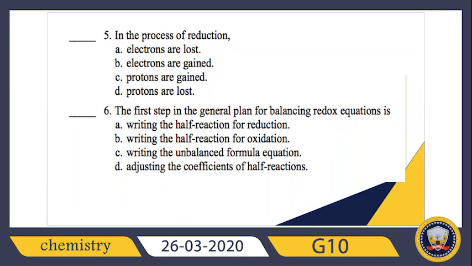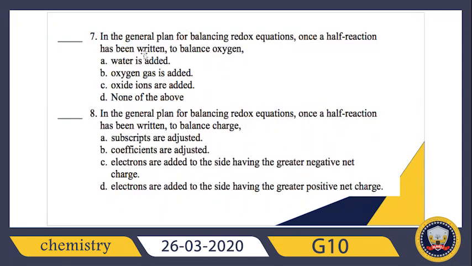So let's continue. Question 7. Now, in the general plan for balancing redox equations, once a half reaction has been written, to balance oxygen, what should we do? So you have oxygen on one side, for example, on the left side. So what should you do? On the right side, there is no oxygen.